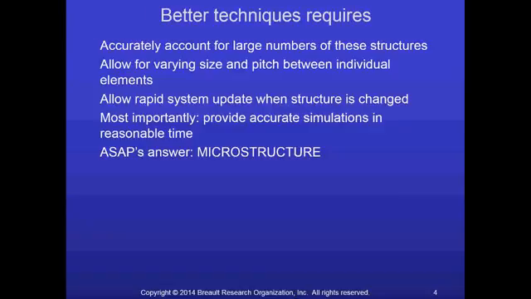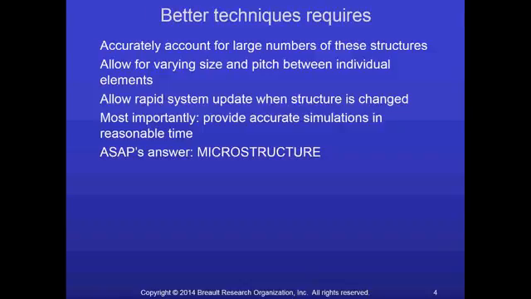You need to allow for varying size and pitch between the individual elements. You need to allow for a rapid change or update of the system when you make changes to the structure. And probably the most important consideration for most of us as engineers is that you need to get accurate simulations in a very reasonable amount of time.